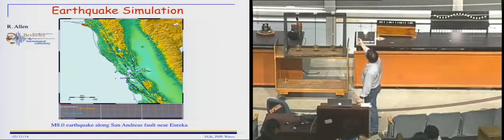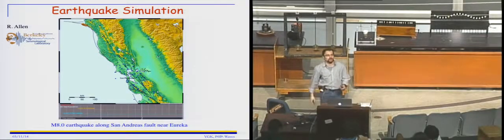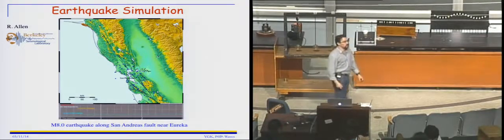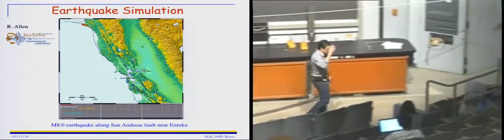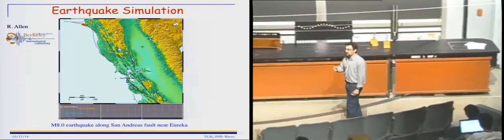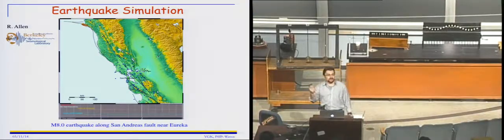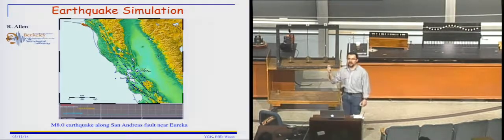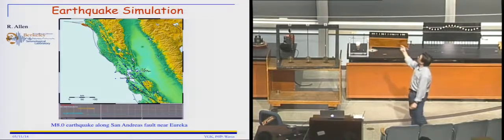This simulation is from the Berkeley Seismological Laboratory, which works on early earthquake warning systems. I'll talk a little more about this on Thursday, but these are the systems that are supposed to provide you a warning, not before the earthquake hits, that's difficult, but after the earthquake hits somewhere else, at the epicenter here in Eureka.